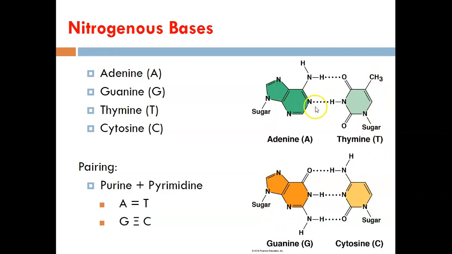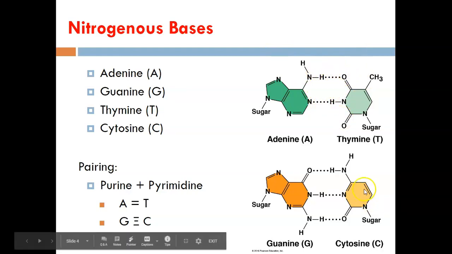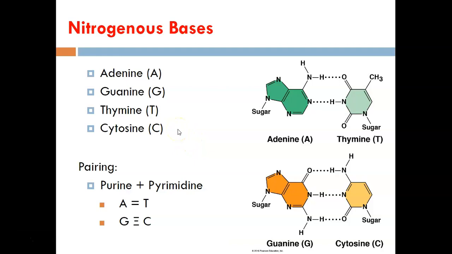When they join, A and T are a little bit weaker. They only have 2 hydrogen bonds between them. C's and G's always bond together. They're a little bit stronger because they have 3 hydrogen bonds instead of 2. So in terms of heating up to break DNA, it's way easier to break A's and T's than it is to break C's and G's.